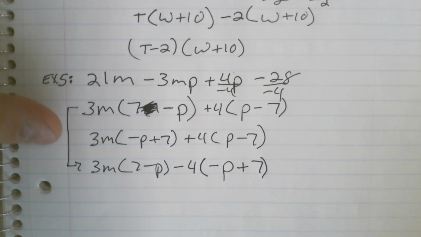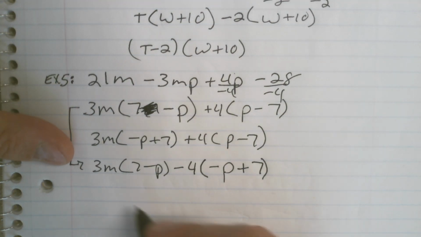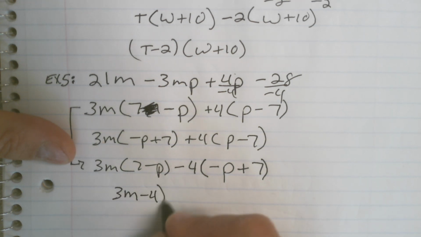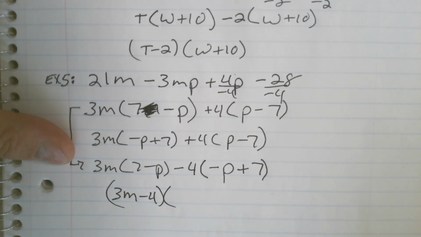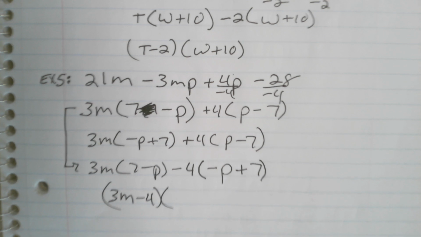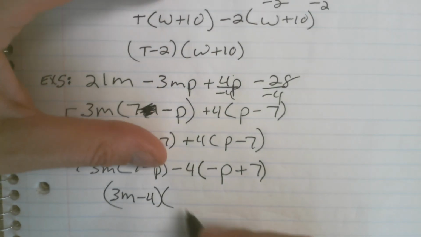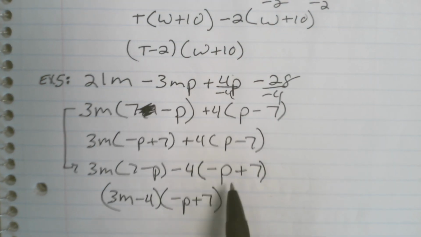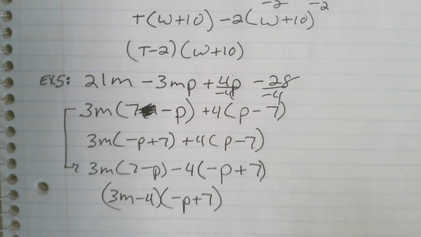What is the most correct way of writing this? 3m minus 4 in parentheses, and then negative p plus 7. That's more mathematically correct. But the only thing you need to be careful of is, obviously we're all smart enough to know that we had the sign wrong. So instead of pulling out a positive, we pulled out a negative.